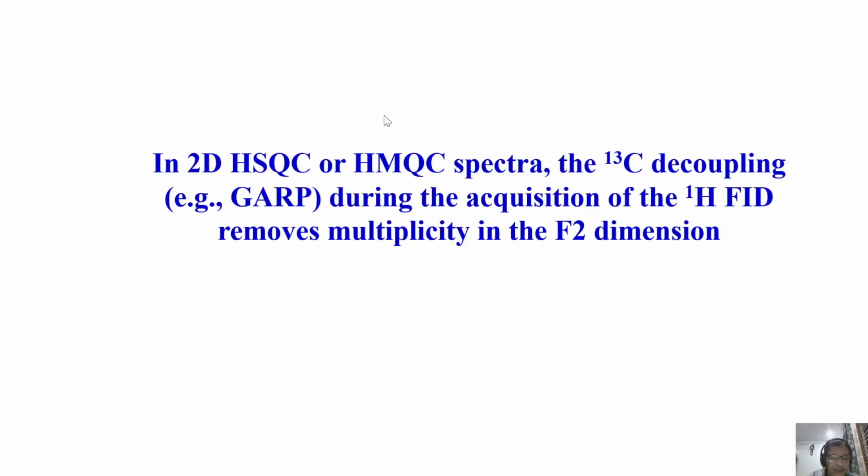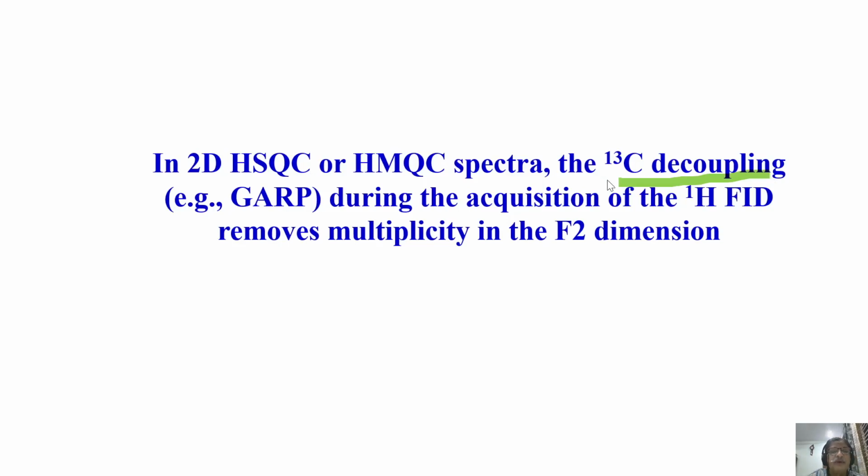Now next thing I wanted to say is, in the same HSQC, HMBC, HMQC spectra, we can bring in carbon 13 decoupling. So far, remember, we saw carbon coupled HSQC, carbon coupled HMBC.